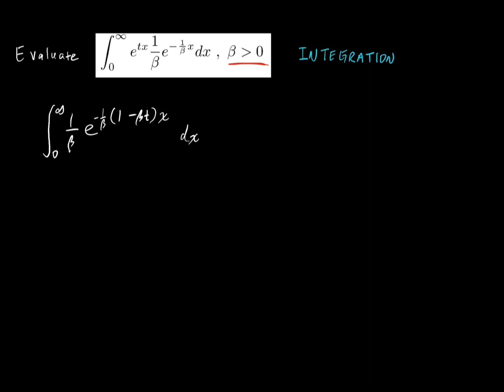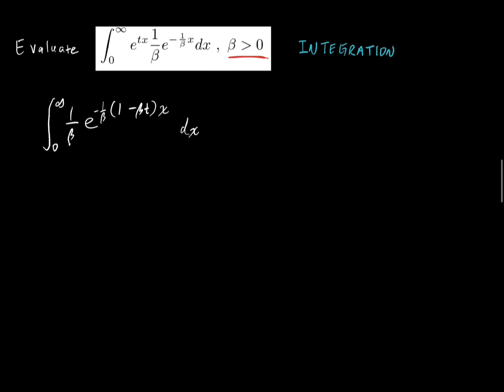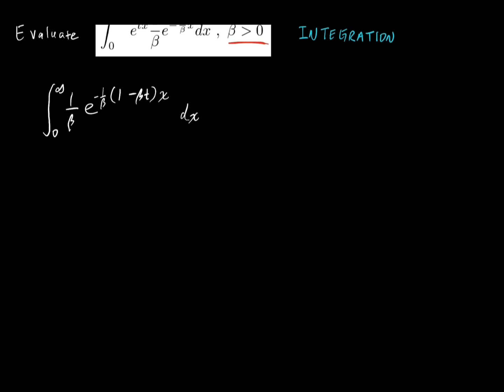t x. Okay, now moving on here, let us integrate it. So integrating it, we'll have 1 over beta as it is times e to the power of minus 1 over beta, 1 minus beta t, x.